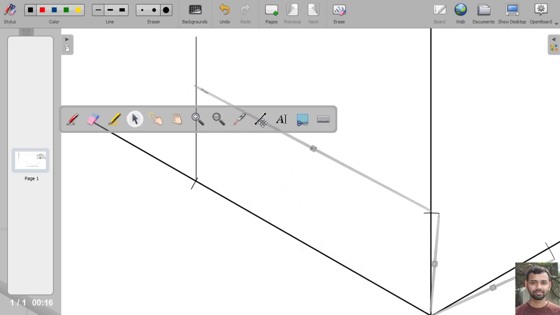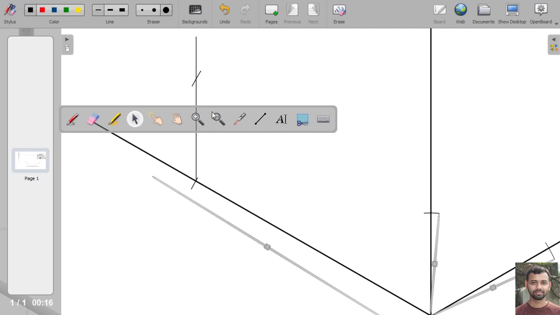Now to make the box, I have to take the same dimension and mark it on this isometric line.